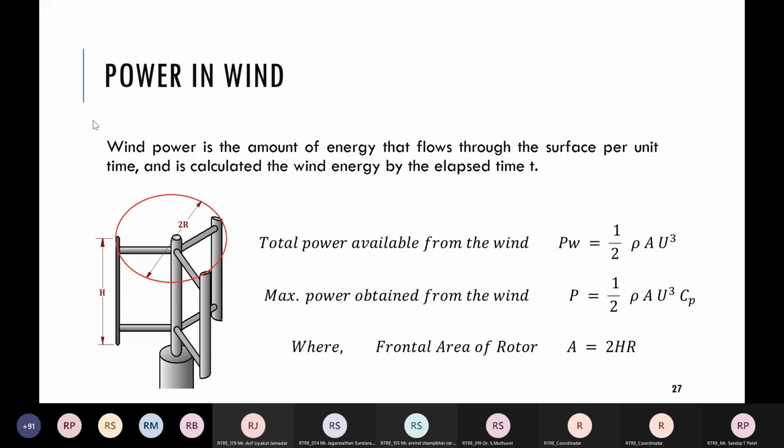If you take the example of a straight bladed Darrieus turbine, the frontal area would be height H multiplied by the diameter. So here, as per this figure, it would be 2HR. So that frontal area is a rectangle. In case of horizontal axis wind turbine, the frontal area would be circular.